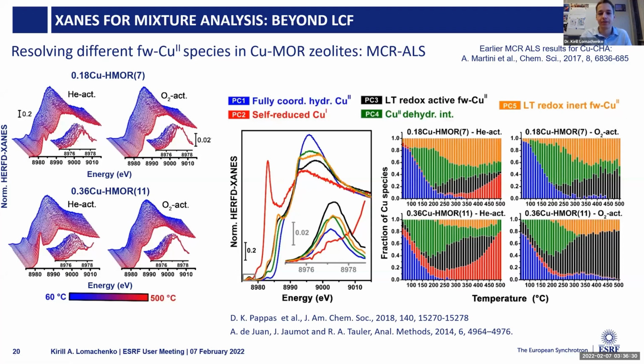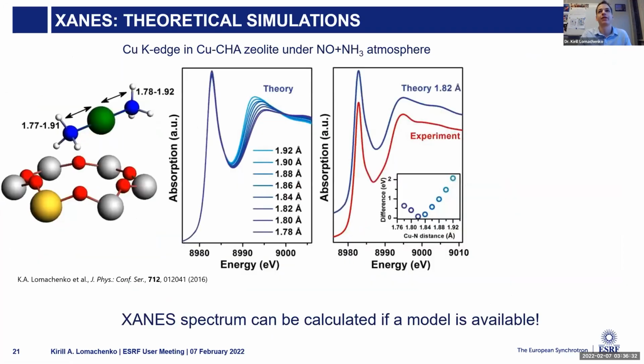So the good thing about XANES is that it can be calculated also. And this is a very promising way to get quantitative information about different structural parameters. So here, for example, we have this linear copper species, linear diamine species. And when we calculate the spectrum, we can see that the agreement is pretty nice.